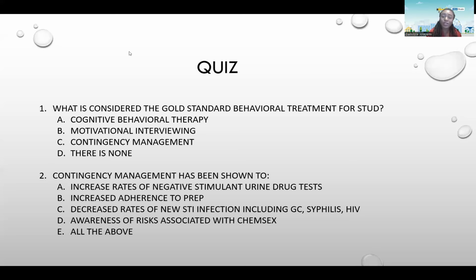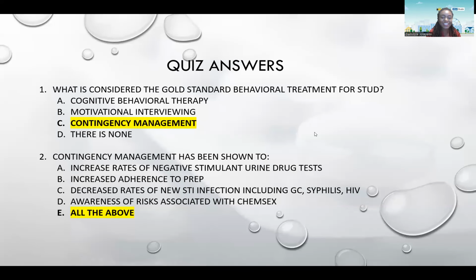The last poll question is just to share what title best describes you. If you have enough time, you can answer those questions, and we'll go to the answers right now. Next slide. If you answered C for number 1, you were correct. If you answered E for number 2, you were correct.